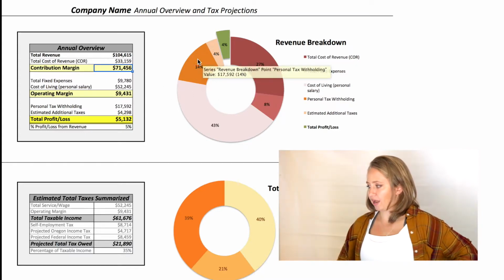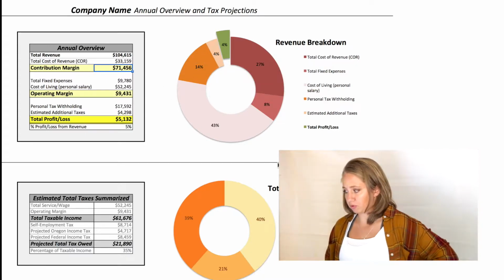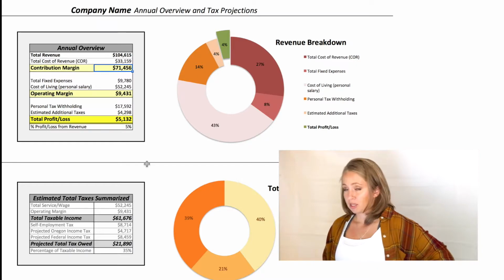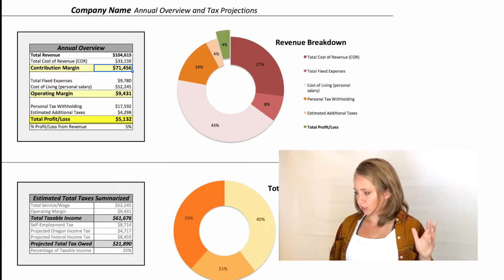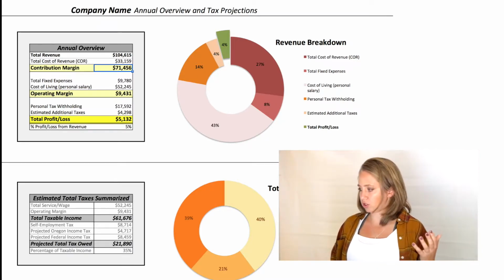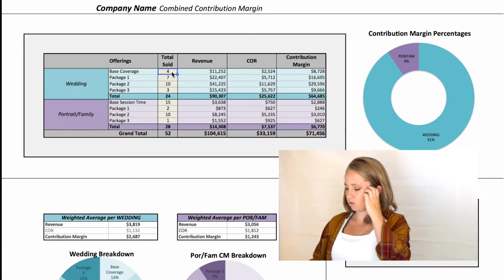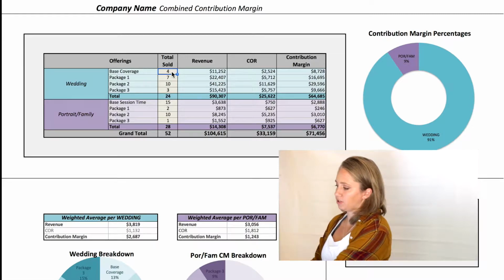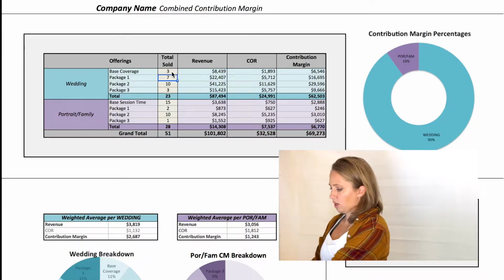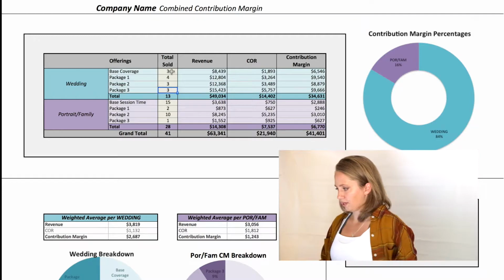We have the pretty graphic over here where you can start to get the breakdown of what the business looks like. The cool thing is, say we go back to where we're putting in what we're estimating for the year. So maybe we had a rough year this year. We only did 3 base coverages. We did 4 package 1s, 3 package 2s, and 1 package 3.